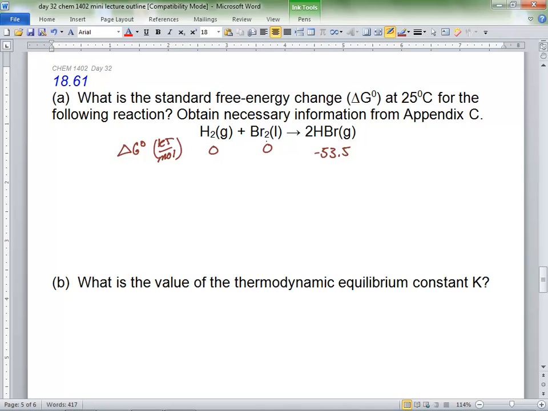Yeah. So it'll be products, though, minus reactants. So it'll be 2 times this guy minus 0. So did you get like a negative 107 or so? Yeah, because it's products minus reactants. So a negative 107 kilojoules per mole.